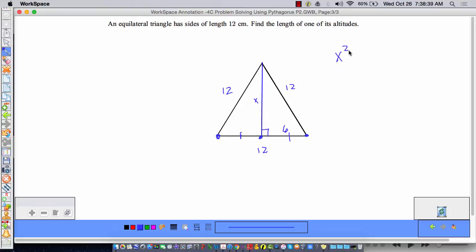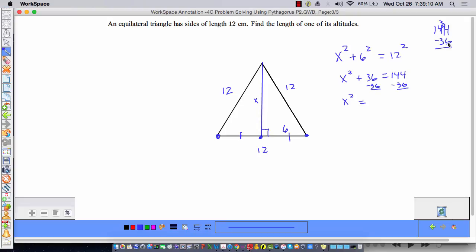This is a simple Pythagorean theorem. X squared plus 6 squared equals 12 squared. X squared plus 36 equals 144. If I subtract 36 from both sides, x squared is equal to 144 minus 36, which is 108. I'm having a little bit of a brain cramp this morning.